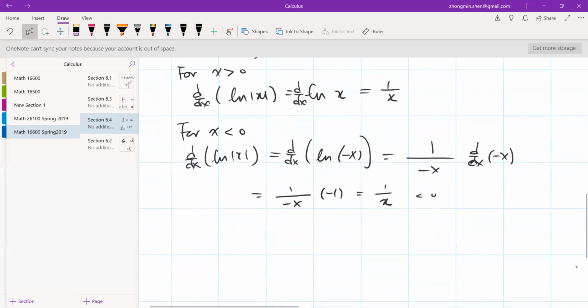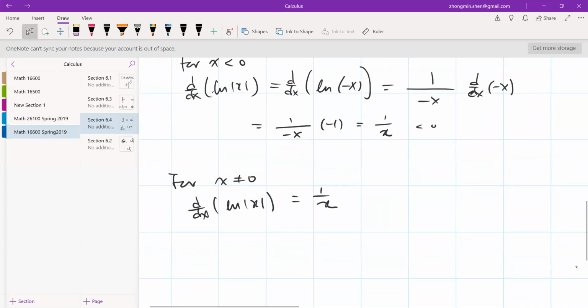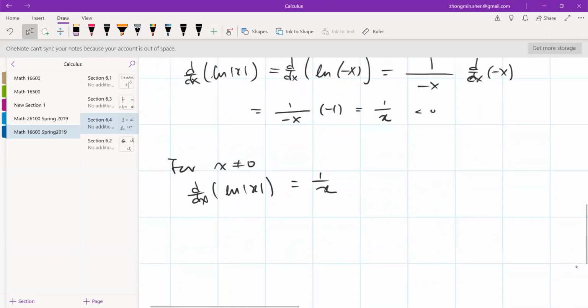So we can combine them. Then we say for x not equal to 0, you always get this formula. Okay, that is good. So now we have, if x is not specified, could be a negative value, then you can always get this formula.